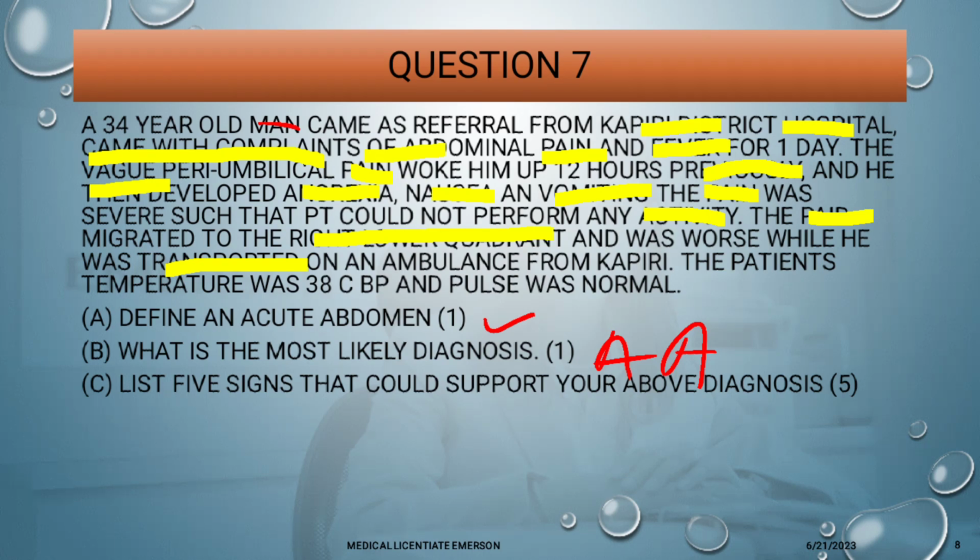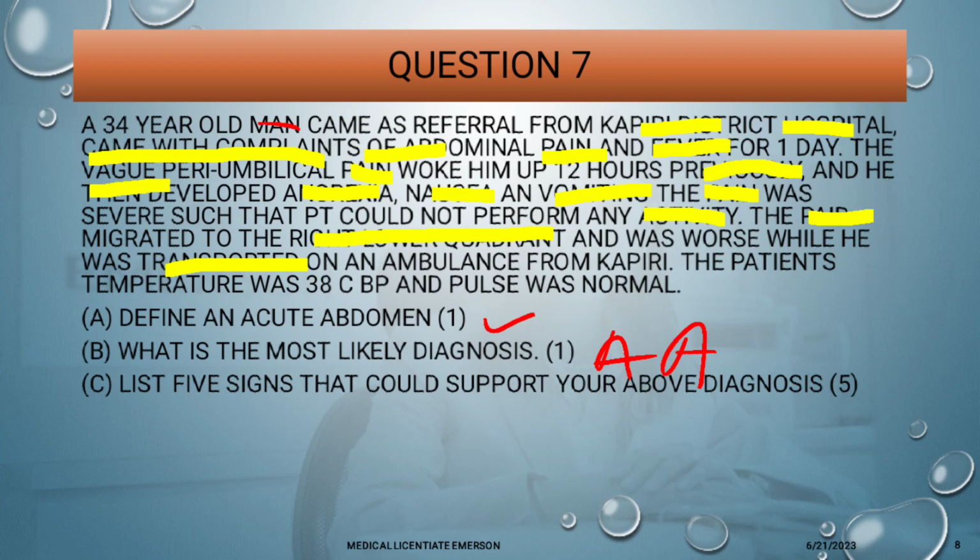But these are the only signs you could see. But if you include even the symptoms such as nausea, vomiting, and the migrating pain to the right iliac fossa, those could make up to 5. But the question doesn't specify whether it should be just the signs from this scenario, or you could mention any others.